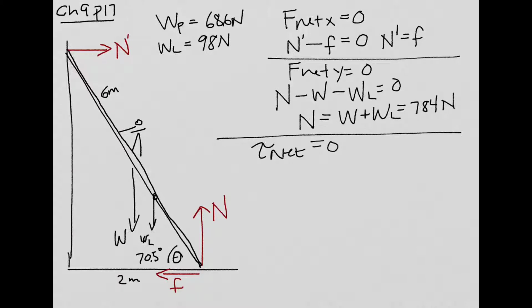It can be anywhere on the ladder, that's fine, but if we pick it where there are forces applied, then those forces go away, because torque is the perpendicular component of force times the location of that force from the pivot point. So if we select our pivot point here, both friction and the normal force go away because they have an effective R of 0 and they don't turn the ladder at all. That means we just have 3 torques to worry about.